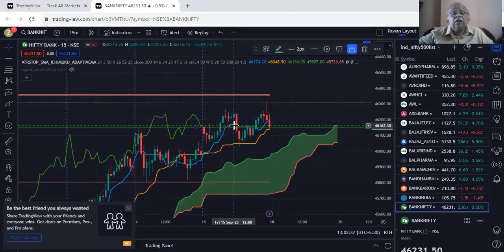Thereafter, after formation of this candle, meaning close of this candle, just check what is the position of Tenkan and Kijun. Is there any wide gap, or is the gap very narrow or moderate? You just check it.